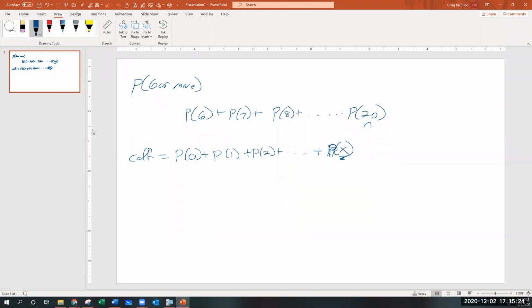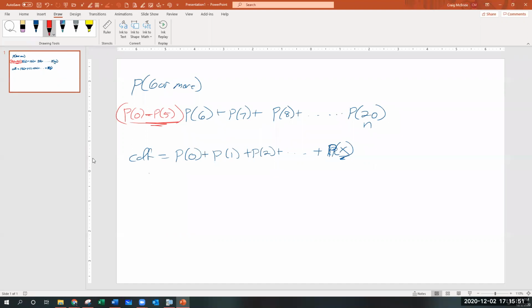But you can see that if we're looking for 6 or more, if we had the probabilities of 0 ... that's not minus, through 5, that's everything that's missing from 6 or more.